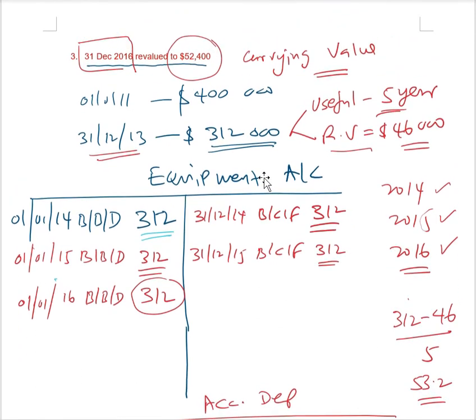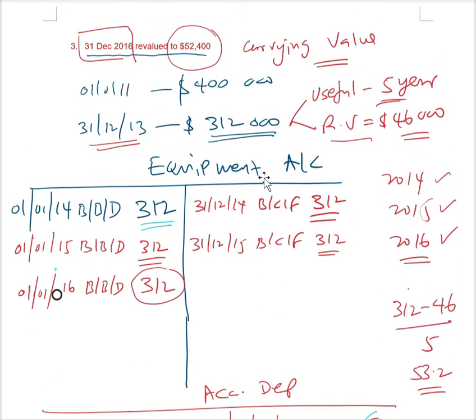So what should be the carrying forward balance to the next financial year, which means if you revalue this asset on 31st December 2016 for 52,400, then your carried forward balance should be 52,400 on 1st January 2017.